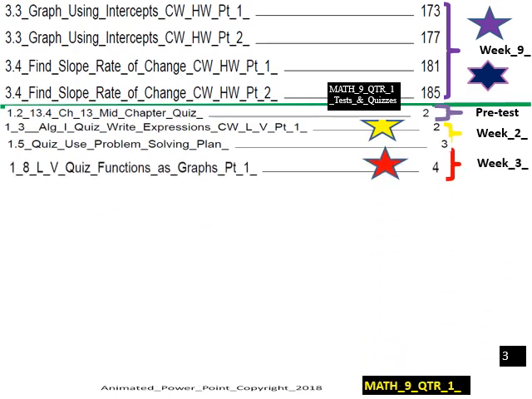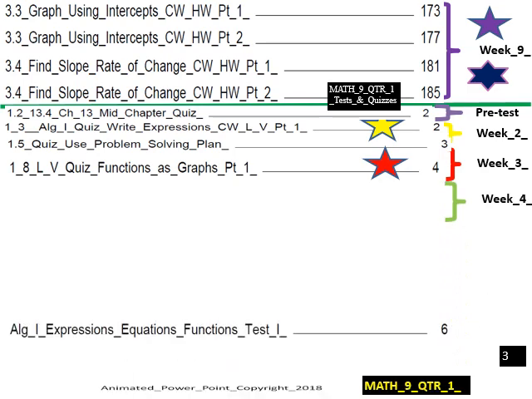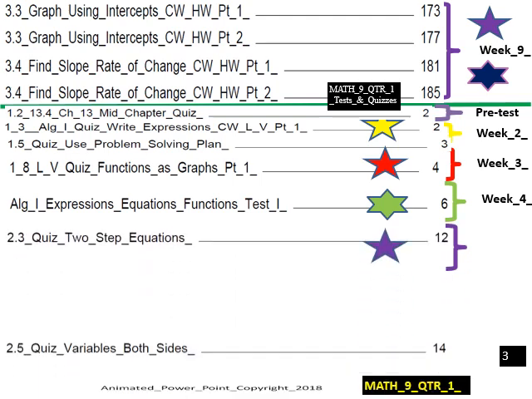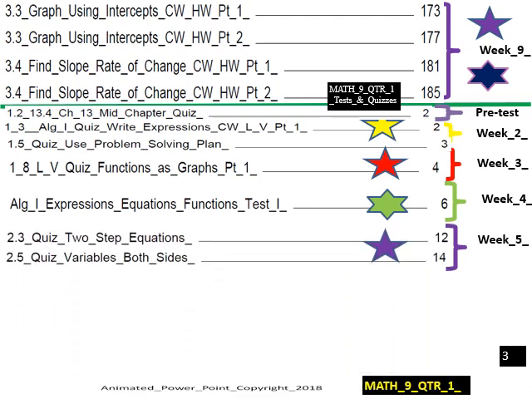And then week 3, we have a quiz for functions as graphs. And then week 4, we have a test, expressions, equations, and functions test part 1. And then I think this is week 5 here, we have a quiz, two-step equations, and then variables on both sides.